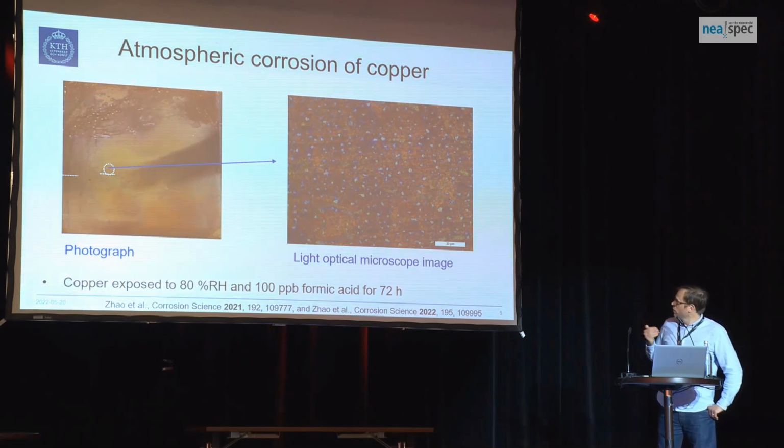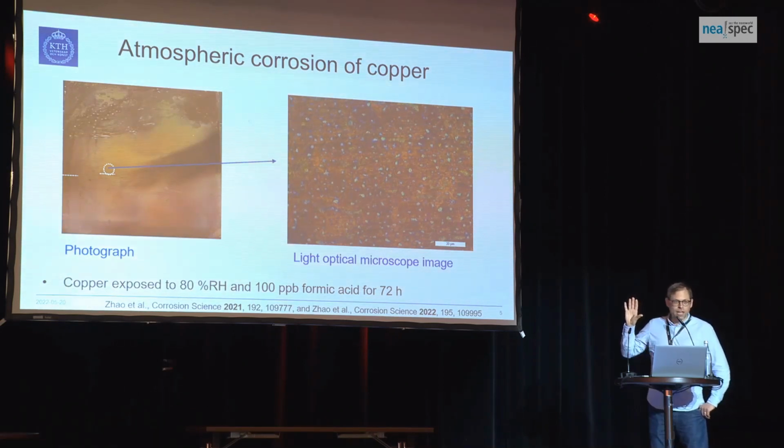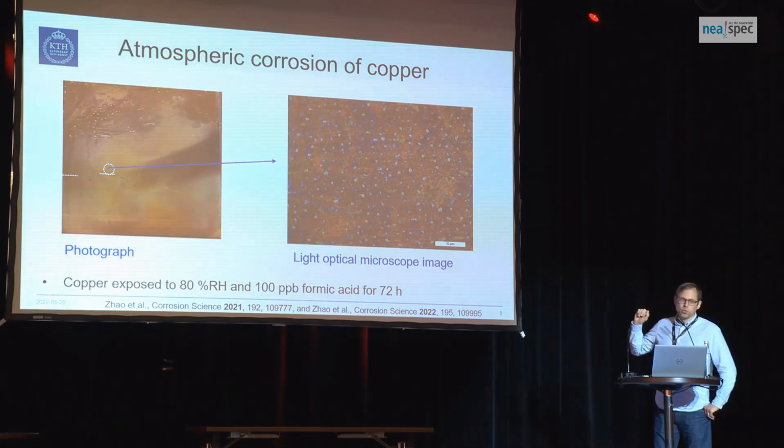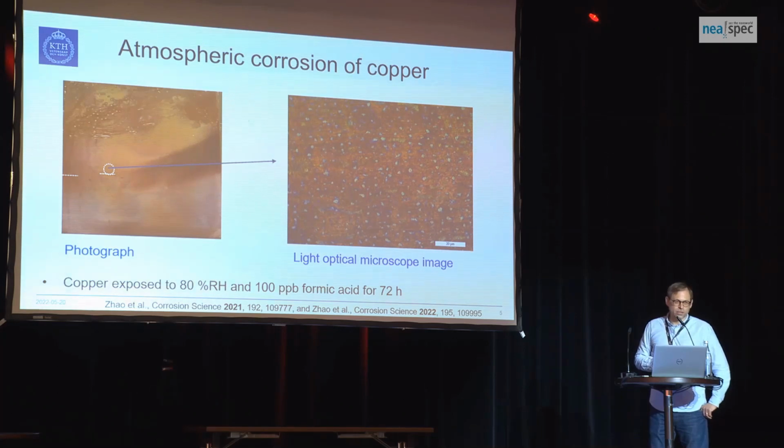We have a brown sea where the copper is not so corroded, and we also have these blue islands where obviously more corrosion has occurred. So clearly, just looking with IRAS, where we have a resolution of 1 or 2 centimeters and essentially probe the whole sample, is not enough to say what is really happening on the nanoscale.